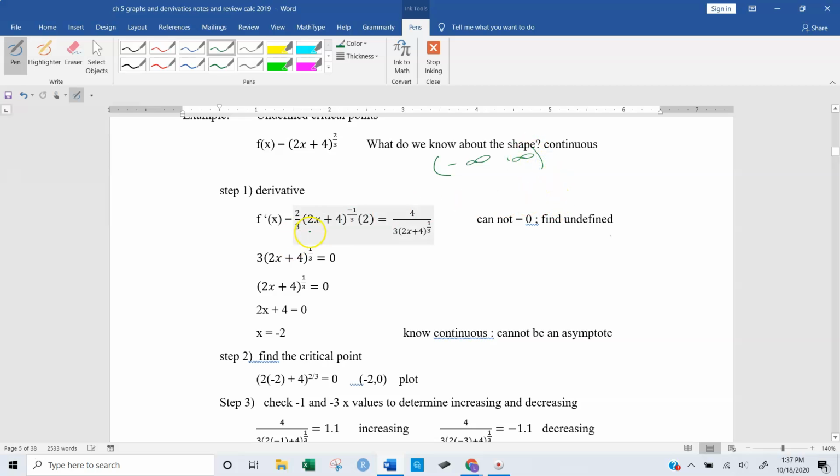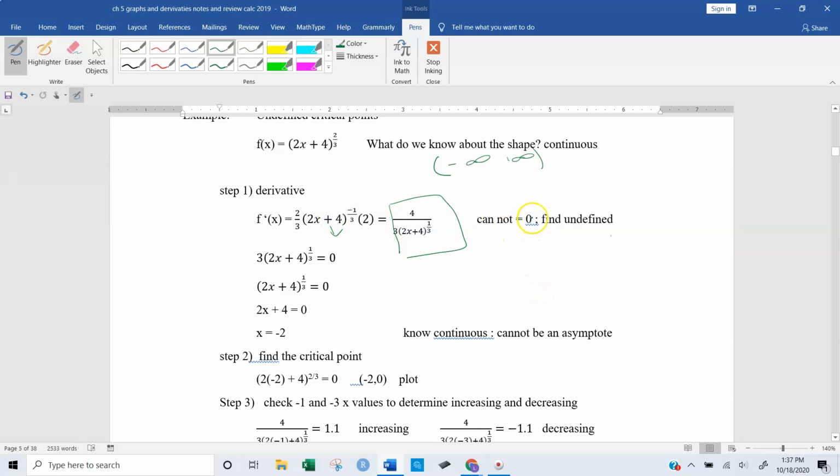We're okay. But when I take the first derivative, we take the 2/3 out front, right? Original exponent, subtract 1, which is negative 1/3, times the derivative of the inside, which is 2. This gives us this for our first derivative when we move the negative down to the denominator.